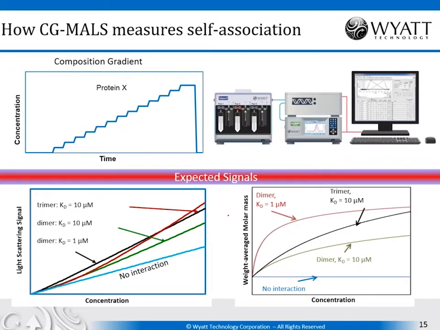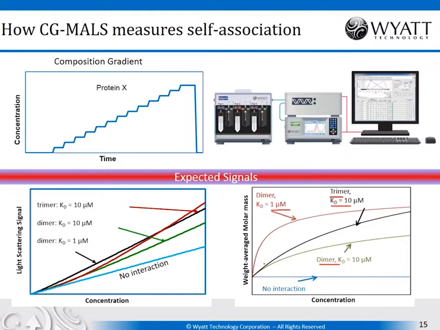So here's how we do the analysis of a self-association in CG-MALS. We use the CALYPSO to create a concentration gradient, injecting a series of steps into the detectors, stopping the flow and making the measurements of the light scattering. In a self-association, the weight average molecular weight of the solution will depend on the type of oligomer that's forming, for instance, is it a dimer or is it a trimer, and on the KD, for instance here 10 micromolar and 1 micromolar.